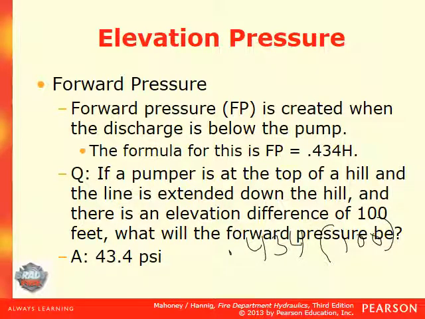Basically, you're moving your decimal point over 2 spots anytime you multiply by 100, which gives you your answer of 43.4. Now this is forward pressure, so this is not a negative, this is a gain. So you will gain 43.4 pounds per square inch for every 100 feet.